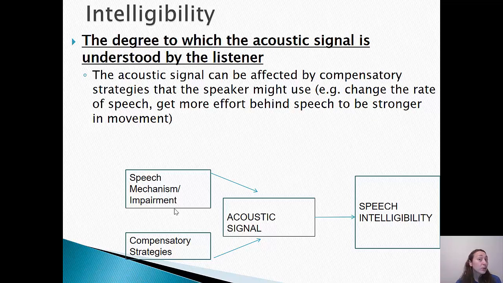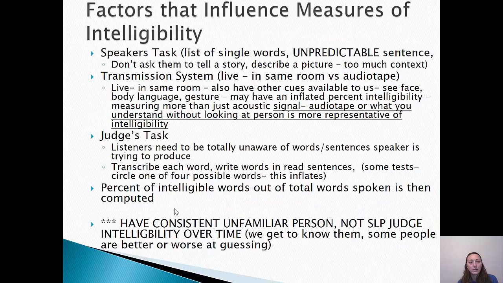Many patients understand that if they slow their rate down and over-articulate, that sometimes it improves that output. And then what we take in as a listener is that acoustic signal, and that truly is speech intelligibility.